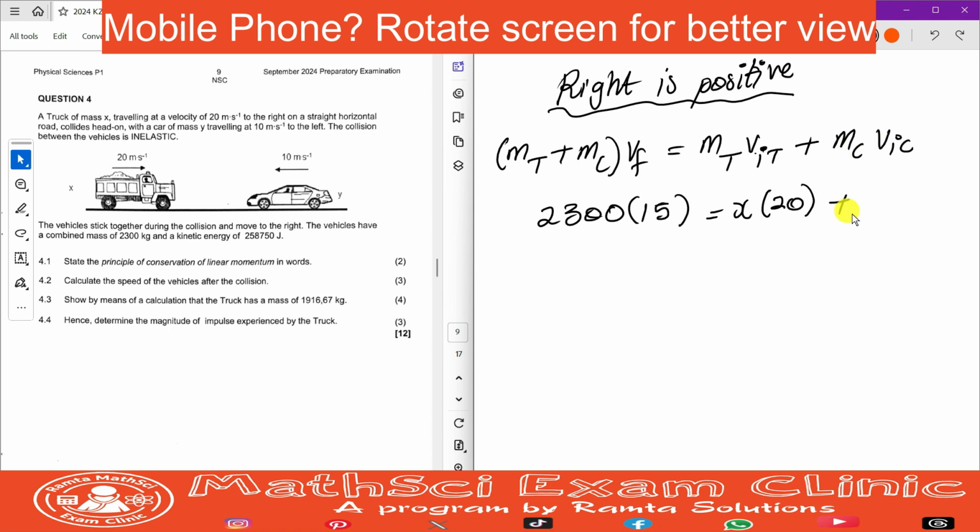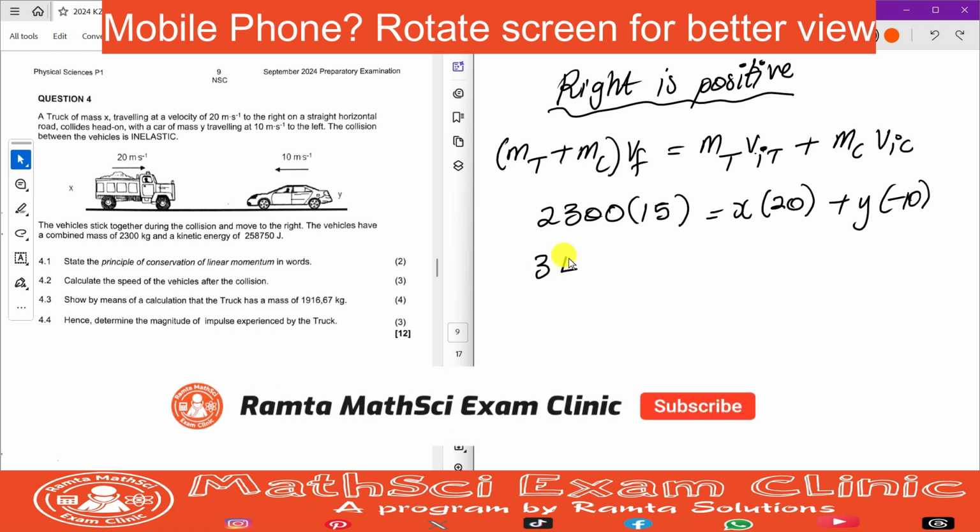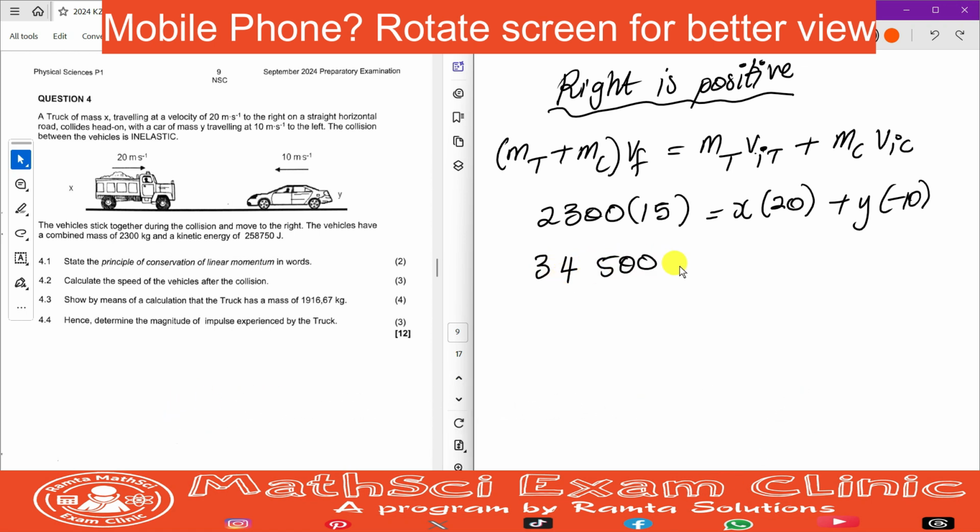Mass of the car is y, and its initial velocity is 10 meters per second to the left, so it's going to be negative 10. So what do we have? 2,300 times 15 is 34,500 equals 20x minus 10y.